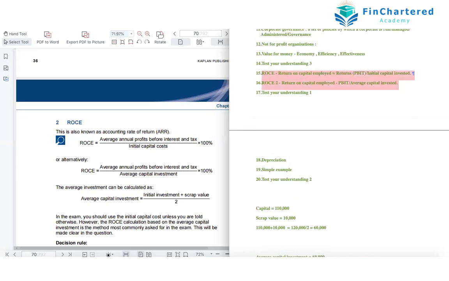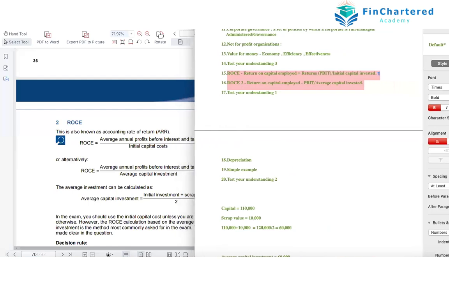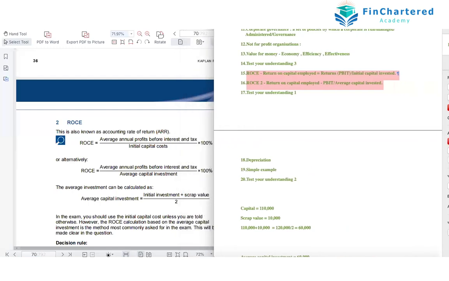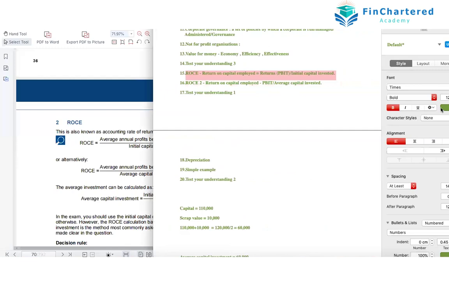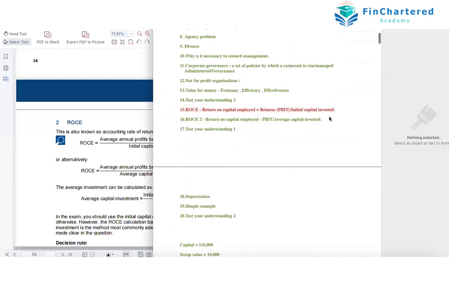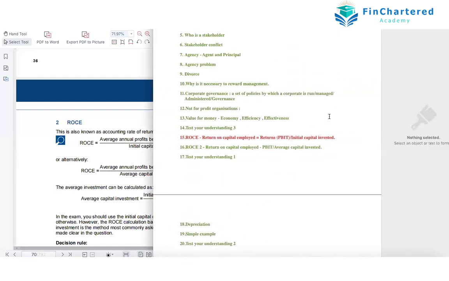Right? Just look at 15 and 16. Now, always use the first method unless the question asks you to use the second method. So you will always use the initial capital formula unless the question tells you to use the average capital invested formula.